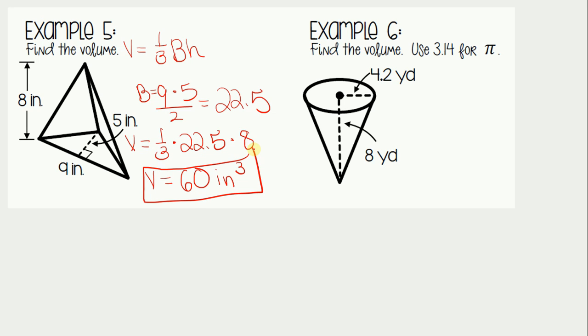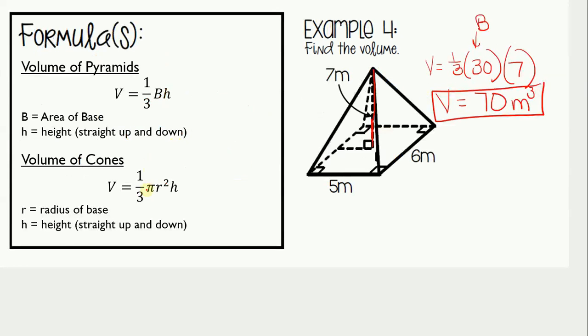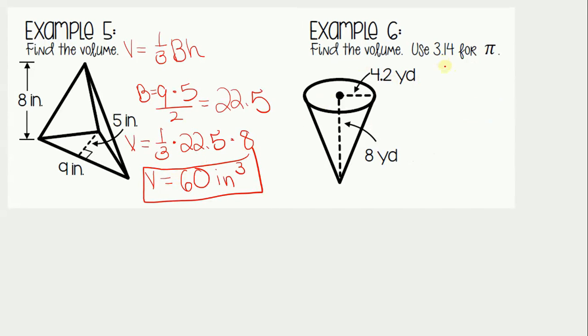Now we're moving on to a cone. So with cones, just remember volume is 1/3 times pi, 3.14, times my radius squared times my height. So let's go ahead and write that out here: 1/3 pi r squared times my height. So 1/3 times 3.14 times my radius squared.